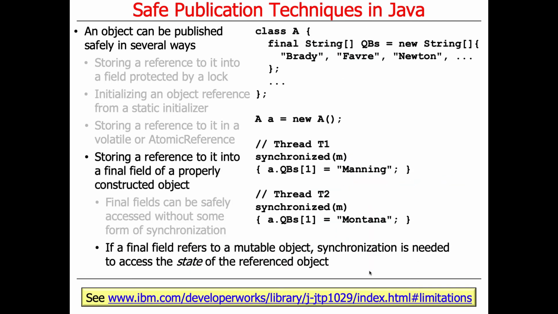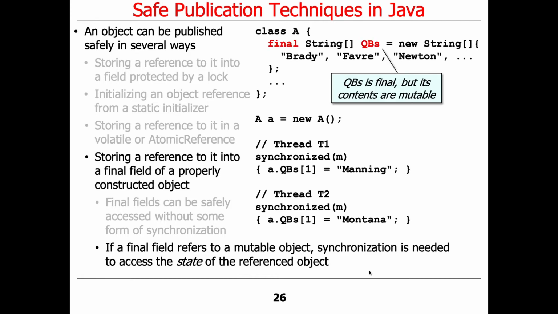What if we have something like a final field that's an array, right? So let's say we're going to have a string array that's going to keep track of names of famous quarterbacks. That's not guaranteed to work unless you synchronize the access to the contents of that field, not just the field itself. So in particular, if we were to create a new object somehow, like we do here, the QB's field is final.